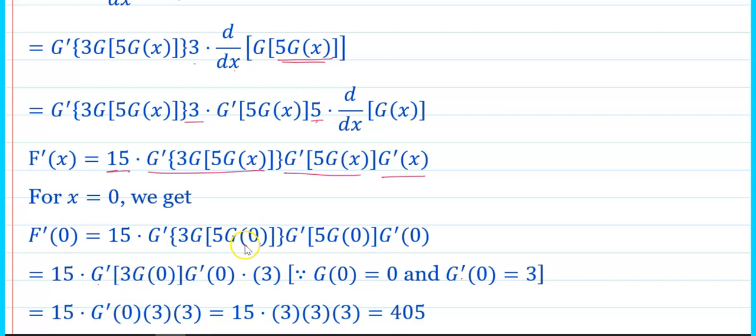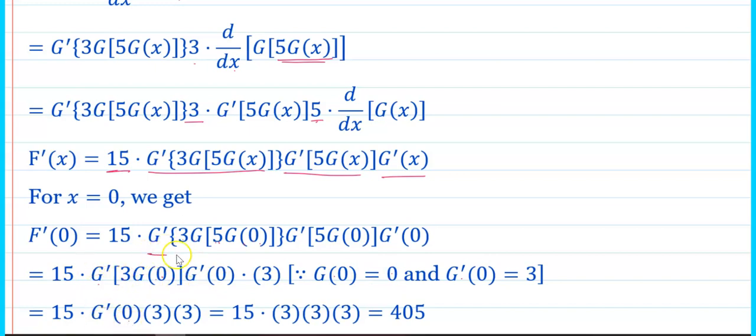g of 0. What is g of 0? It is 0. 0 into 5, again 0. Then g of 0. g of 0 means what? The value of g of 0 is again 0. 0 into 3 means what? Here g dash of 0.